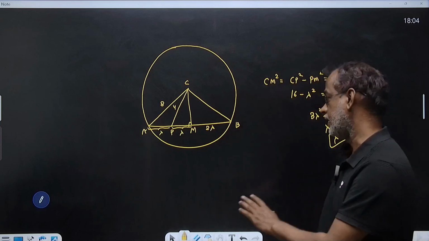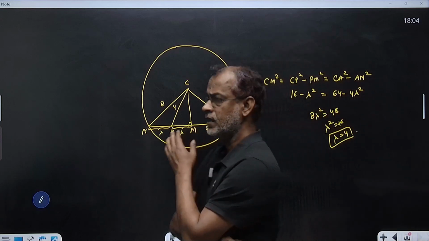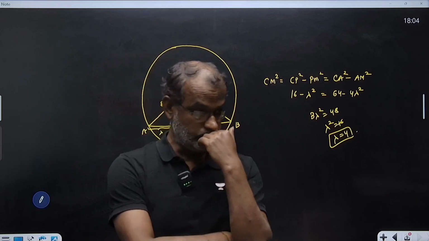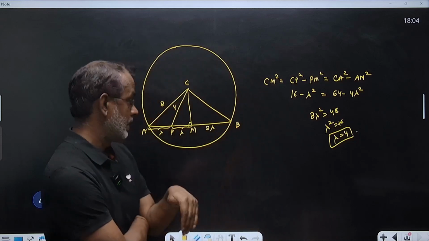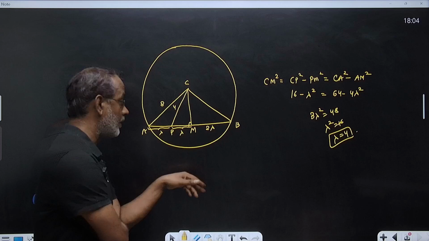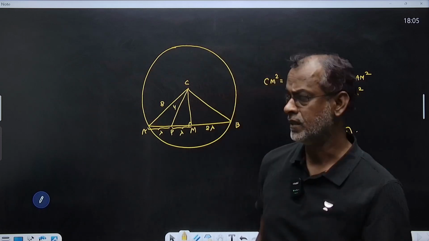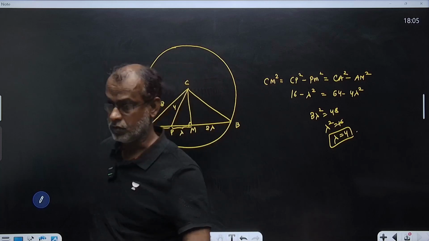So, just the fact that chord perpendicular from center bisects the chord, you can use that. The perpendicular bisector of the chord passes through the center. So, these are just one and the same thing, converse of it. Okay.